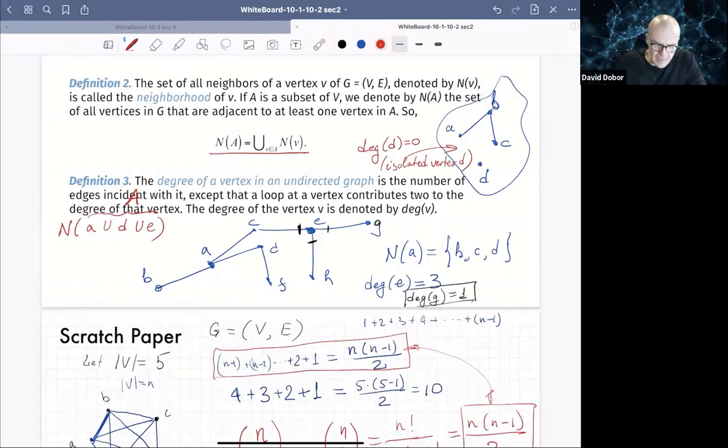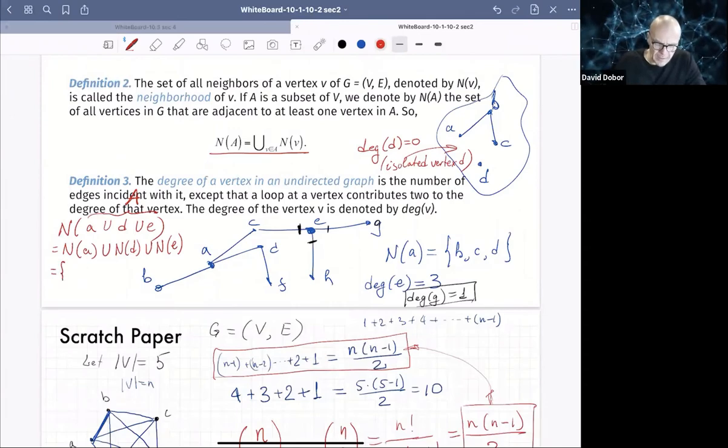It is simply the union of the neighborhood of vertex A with the neighborhood of vertex D, and the union of that with the neighborhood of vertex E. So let's see what those are.